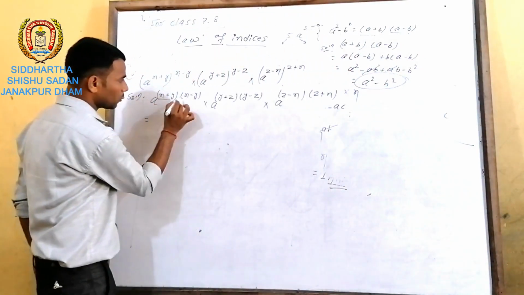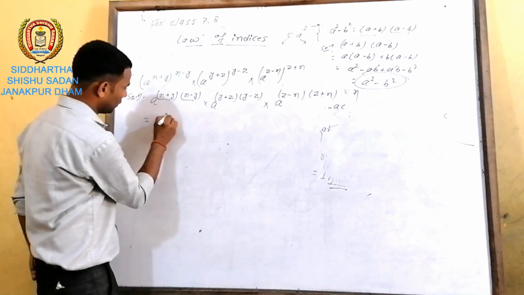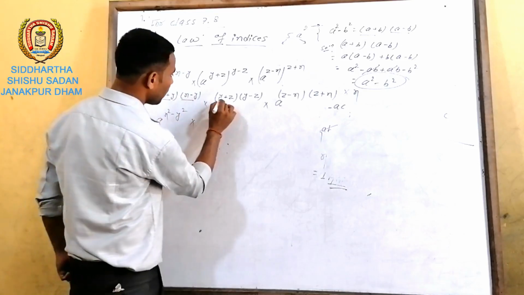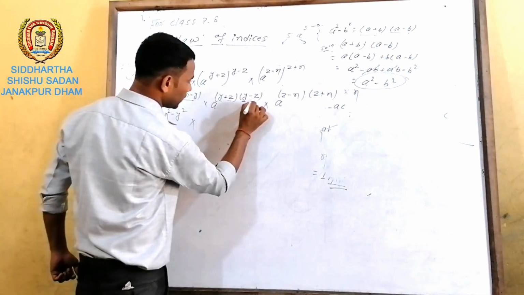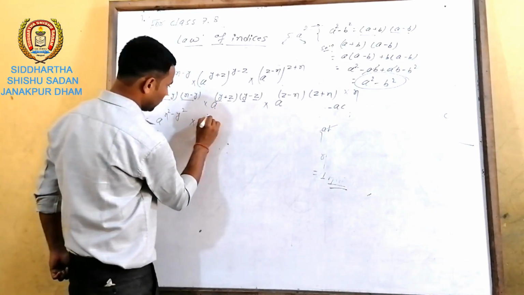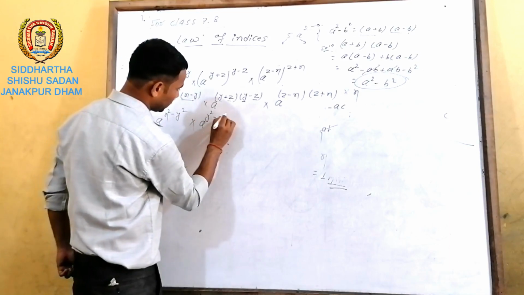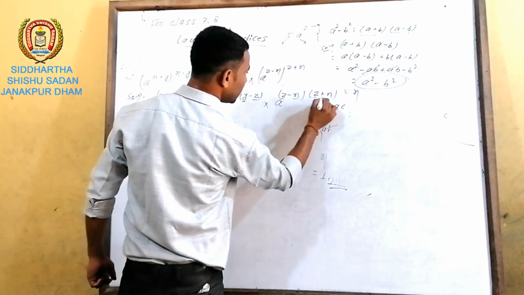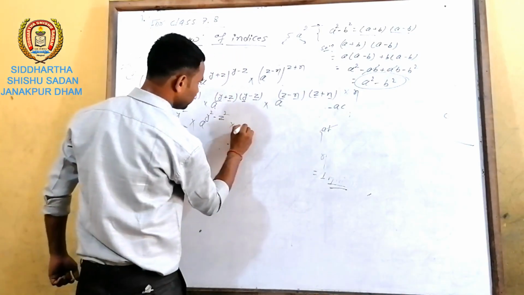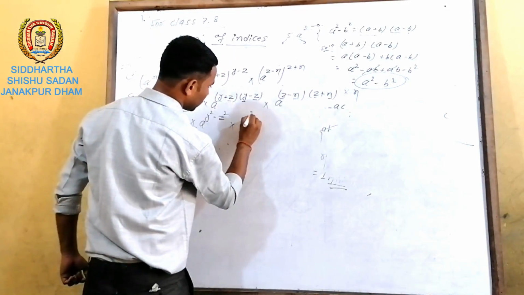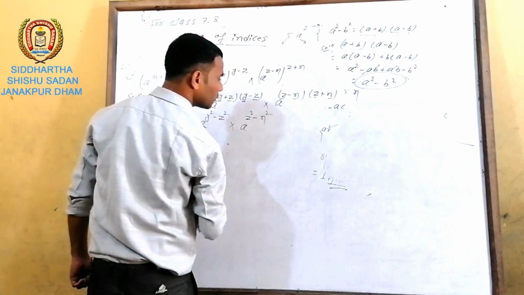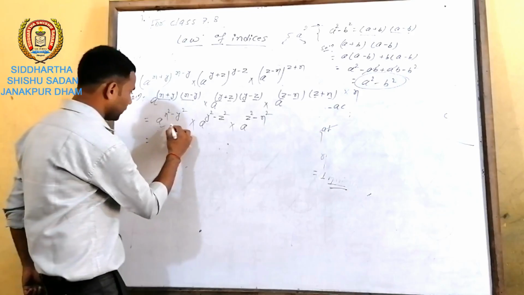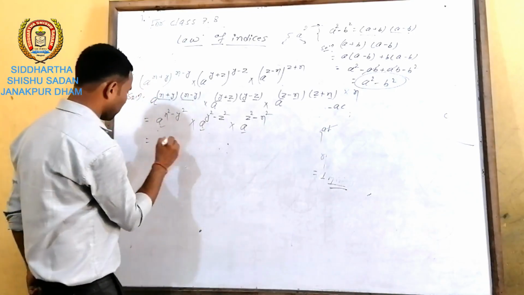Similarly, (x plus y)(x minus y) means x square minus y square. (y plus z)(y minus z) means y square minus z square. (z minus x)(z plus x) means a to the power z square minus x square. Now these are the same base a, so power is added.